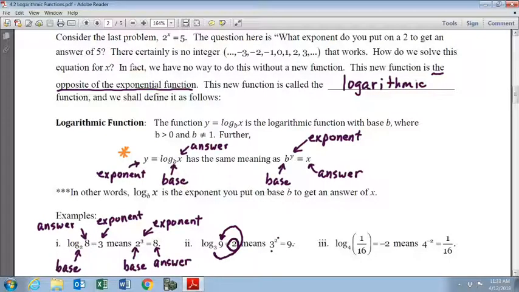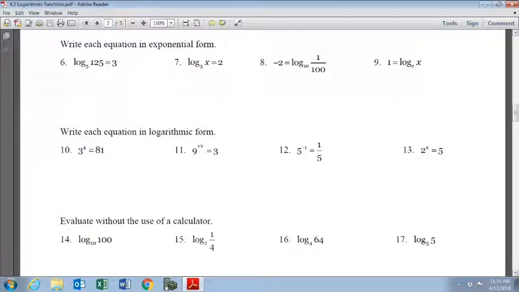So that's how I go in reverse when I have something in log form. Let's look at the last statement here. Notice 4 to the negative 2 power is equal to 1/16, and that's what we have over here when it's in exponential form. Alright, so let's do some problems.